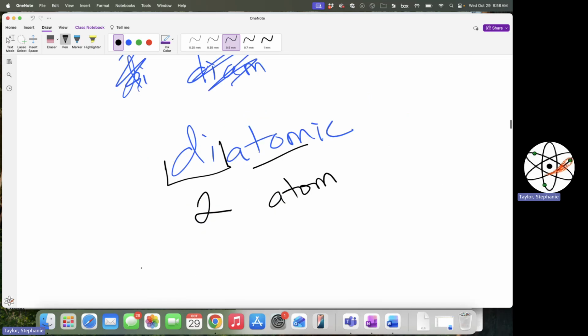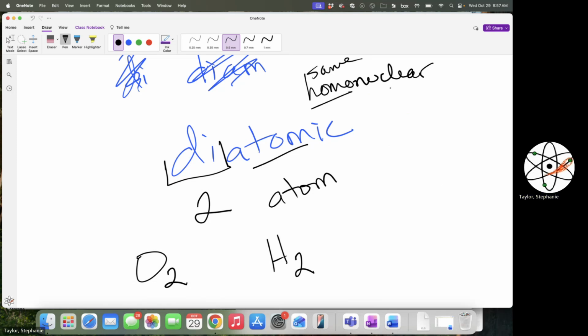So diatomic is what we mean when we have things like oxygen or hydrogen, and we have a set of elements that naturally form diatomic molecules. We call those the homonuclear, for same nucleus. So being the same element, same nucleus, so two atoms.